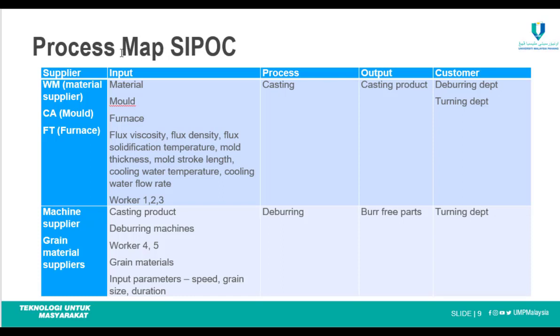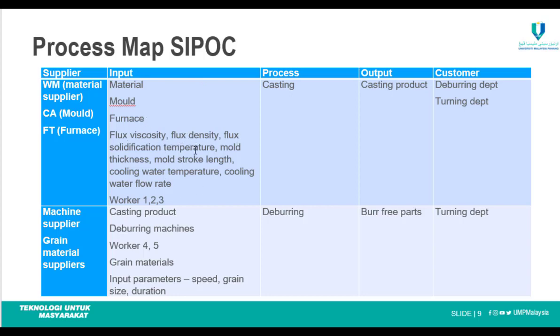We begin with the casting. What is the output from the casting? Of course, the casting product. Then the customers will be the deburring department, the following department, and the turning department. The input for the casting will be material, mold, furnace, flux viscosity, flux density, and so on.